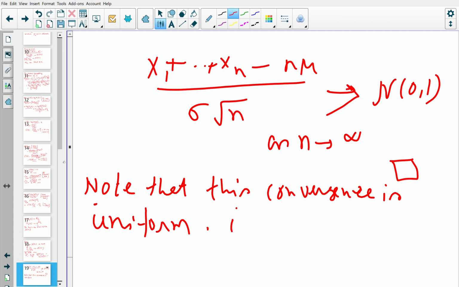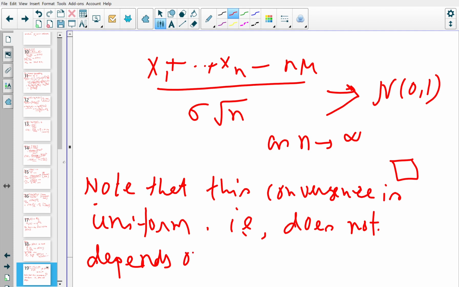Uniform, that is, it does not depend on the point. I remember you guys learned uniform convergence in the first semester, so we know what it depends on. Clearly this is one of the most remarkable results in the theory of probability.